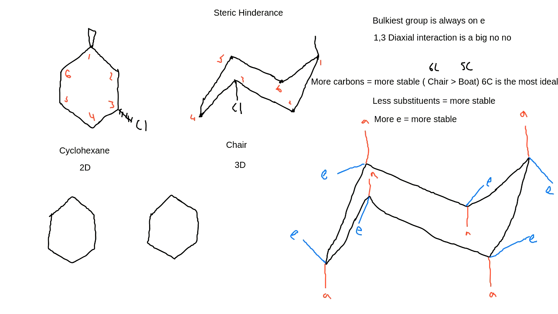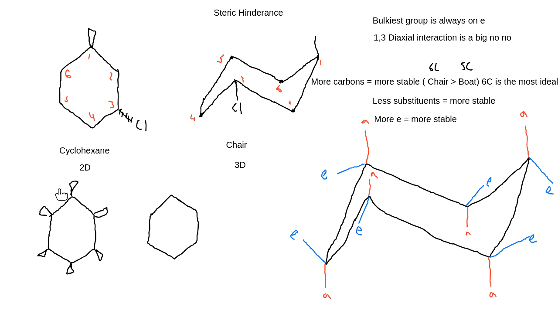So let's say you have all wedges on your template. Once again, your wedges and dashes together are called stereochemistry. Whenever we say stereochemistry, we're talking about wedges and dashes. So your stereochemistry is all the same.